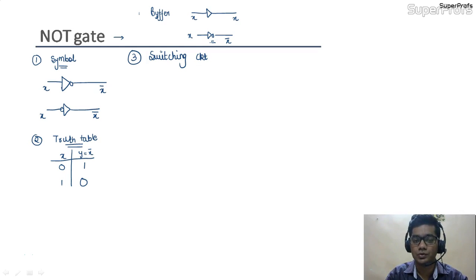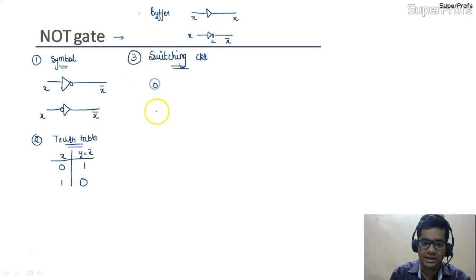We have to use some switches and make it work as a NOT gate. So let us discuss its switching circuit. See, there is a voltage level. This is the voltage level V, and this is our bulb.